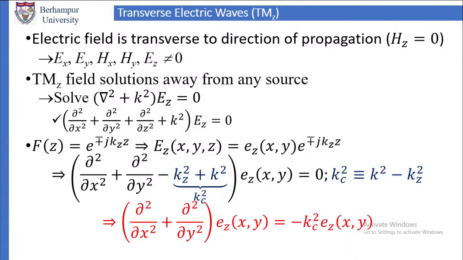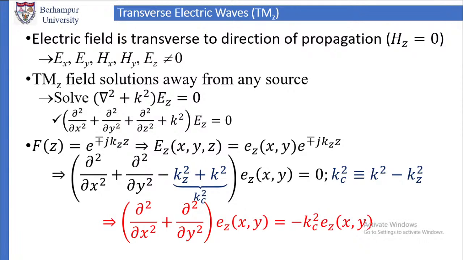Ez is equal to small ez xy, the dependency of ez on xy, into the dependence on z, which is exponential minus plus j kz z.